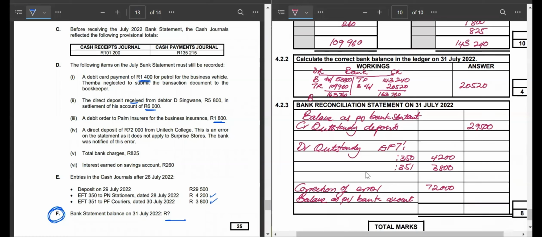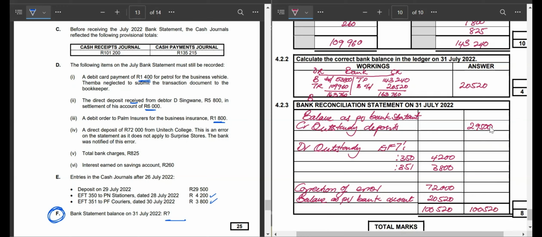So when I come to my BRS, my balance as per bank account is a debit, that is 20,520. Then I'll totalize everything. Therefore, I get 100,520 here and 100,520 there.